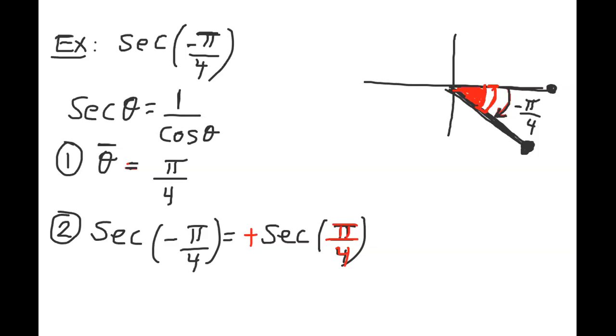Because the angle is negative, we are moving clockwise. In this case, if the angle is negative, we could add 2 pi, that is 2 pi plus negative pi over 4.